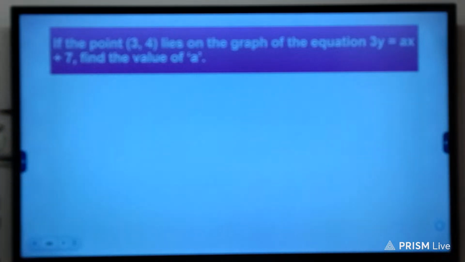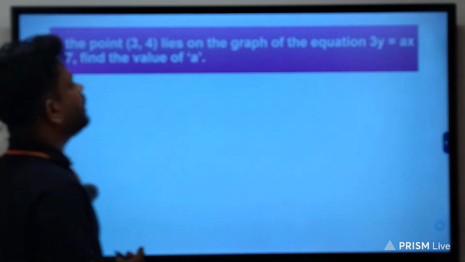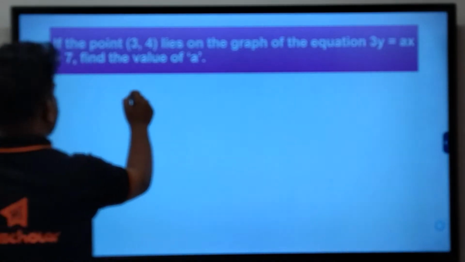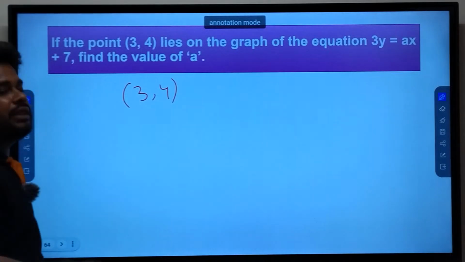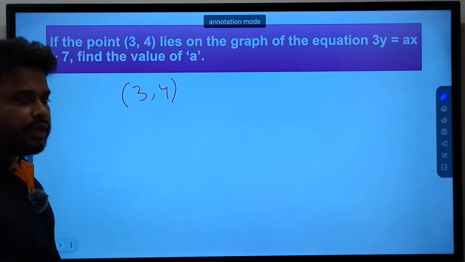Next, if the point 3, 4 lies on the graph of the equation 3y equals ax plus 7, find the value of a. Okay, we have just 3, 4, where 3 is representing the value of x and 4 is representing the value of y.